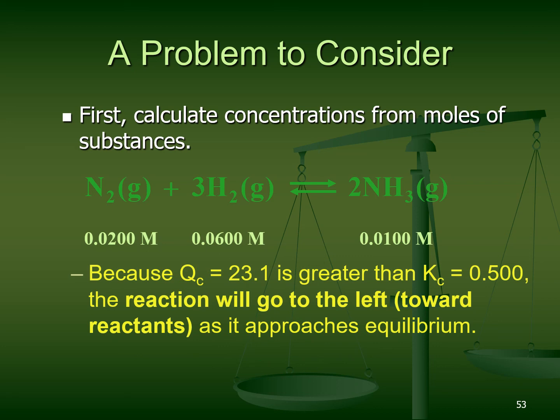If Q is greater than K, to get to equilibrium, it has to get smaller. To get smaller, it has to put more in the denominator. The denominator is the reactants. It's going to shift left to produce more reactants and to decrease the number of products. So if Q is greater than K, it will shift to the left.